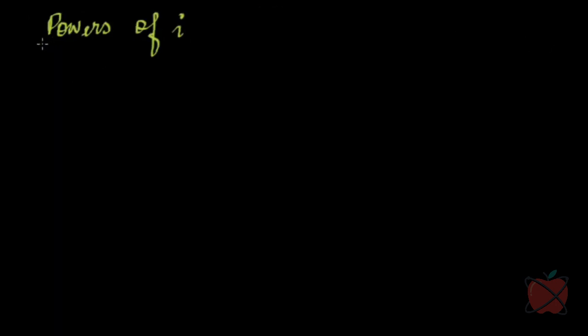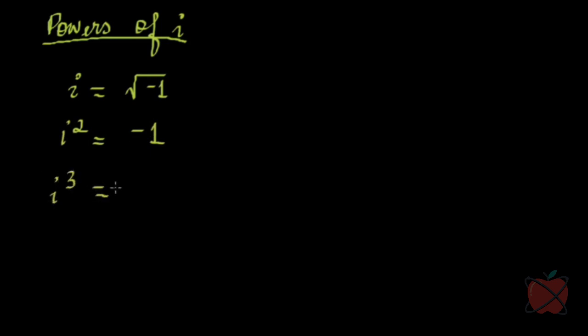Okay, let's move on to another topic, powers of i. So we know that i is equal to root over minus 1, and that when we square it, we will get minus 1. How about when we take the cube of it? The cube is equal to i times i square, isn't it?